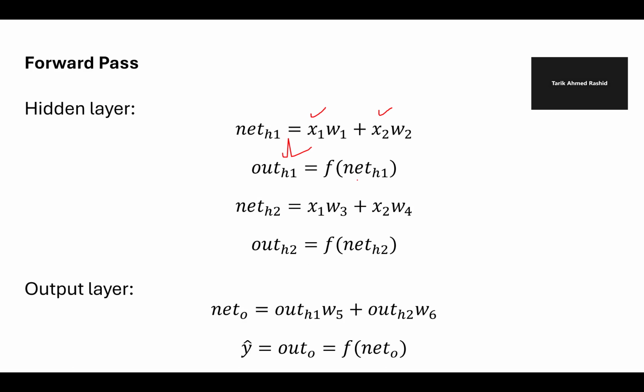That goes through an activation function, which could be ReLU, sigmoid, sine, or tangent. Likewise, we do the same with net 2 to get the output, and we repeat this until we go through all the layers. Then the output prediction equals out, which is the net squashed within the activation function.